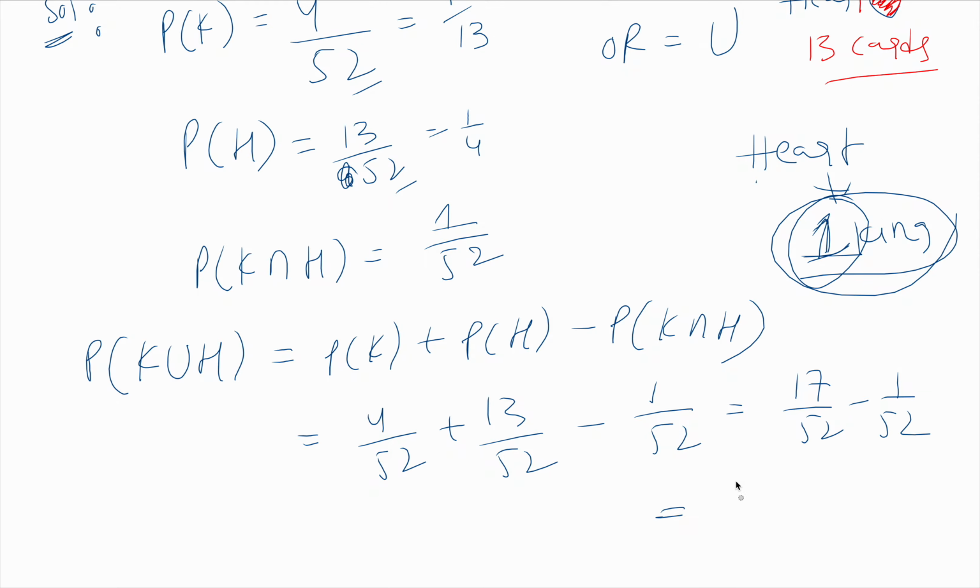We get 16 by 52. Calculating 16 divided by 52, we get 4 by 13. Then the final answer, probability of king union heart, is equal to 4 by 13, which is the required answer.